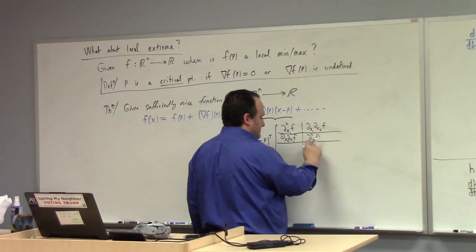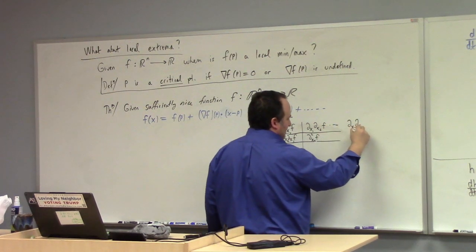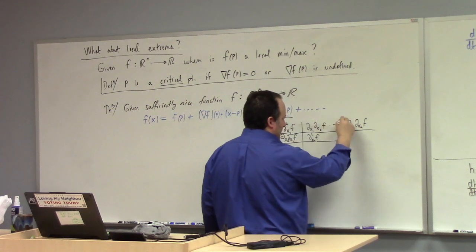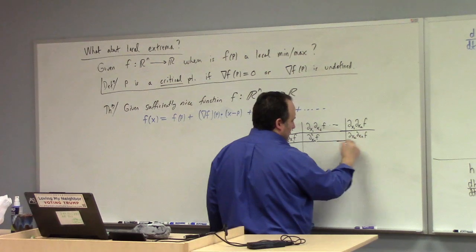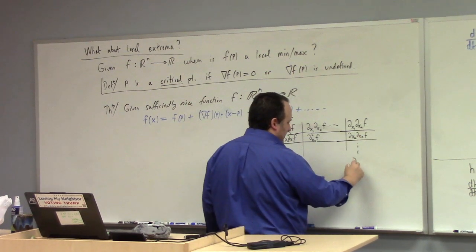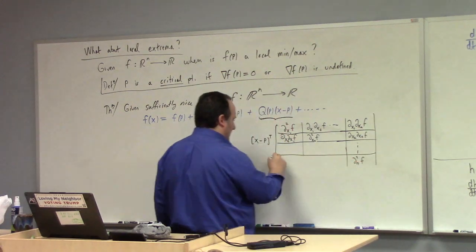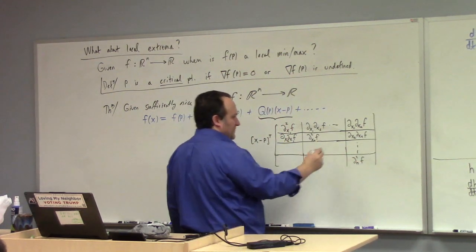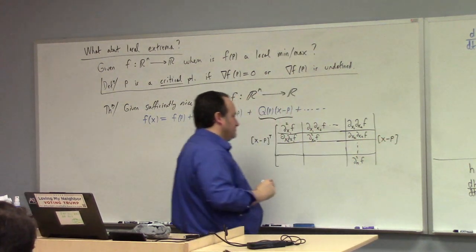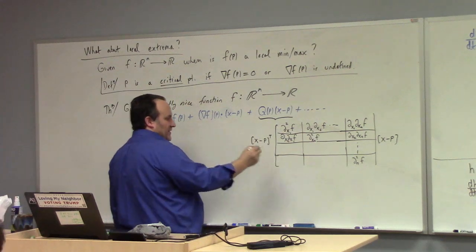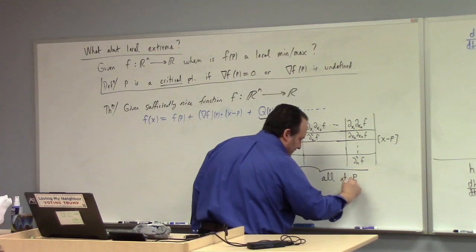This goes on. Eventually you've got partial x1 partial xn of f. Next one down, you've got partial x2 partial xn of f. And down here you've got partial xn squared of f. I've got a better way to write this, but I'm just writing it out in detail for a second. This is all at p.